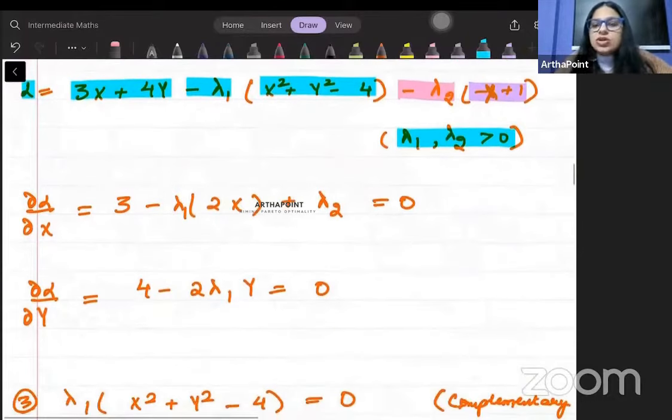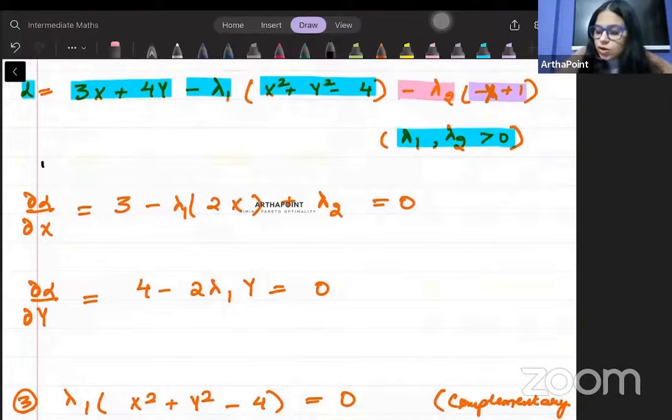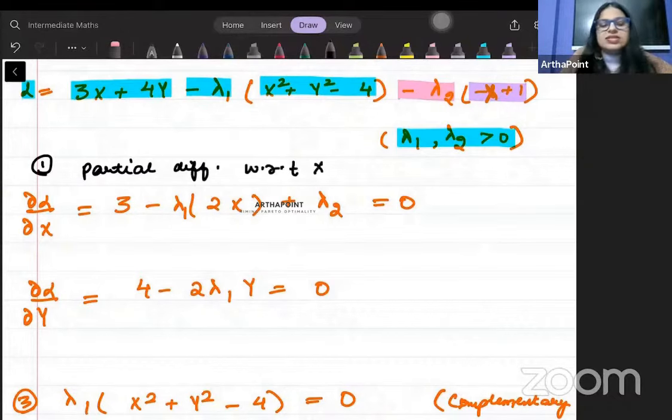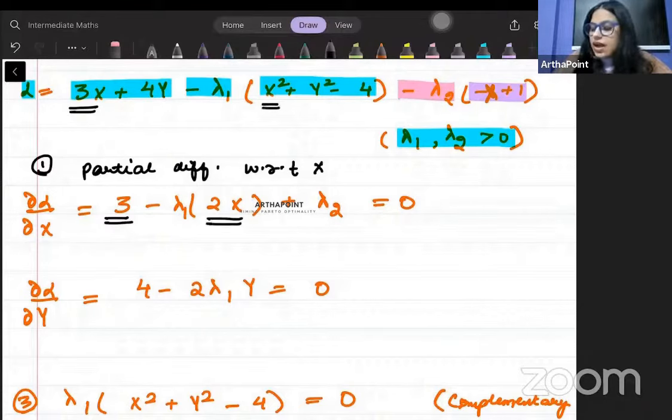Now you will start solving using the Kuhn-Tucker conditions. The first thing you do is partial differentiation with respect to x. Differentiation of 3x will be 3, differentiation of x square will become 2x, and differentiation of minus x will become minus 1.